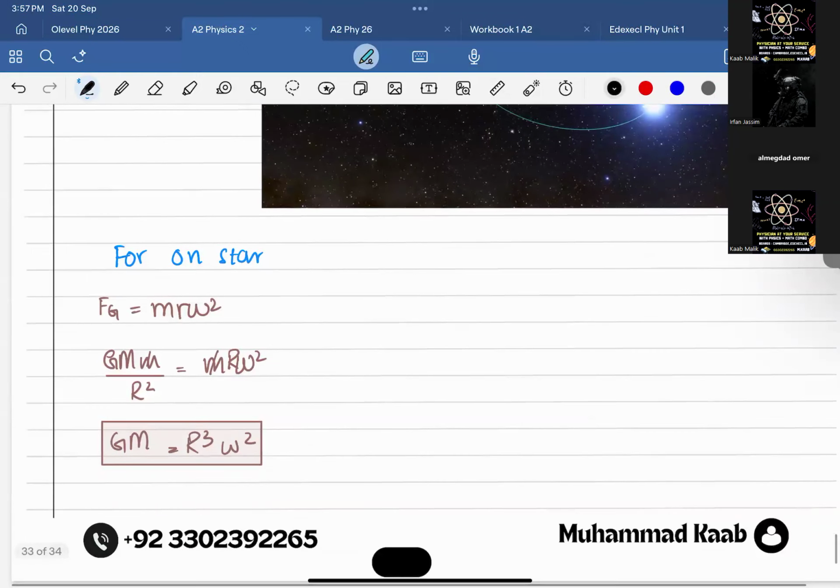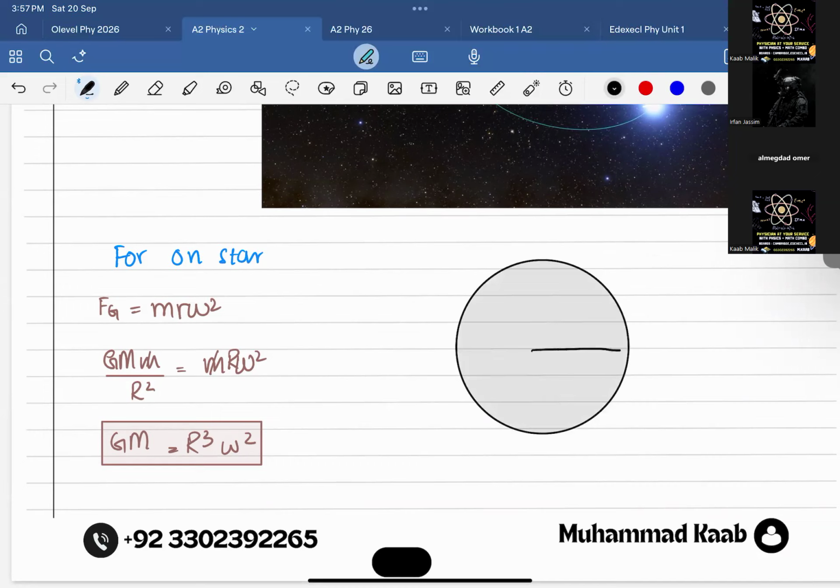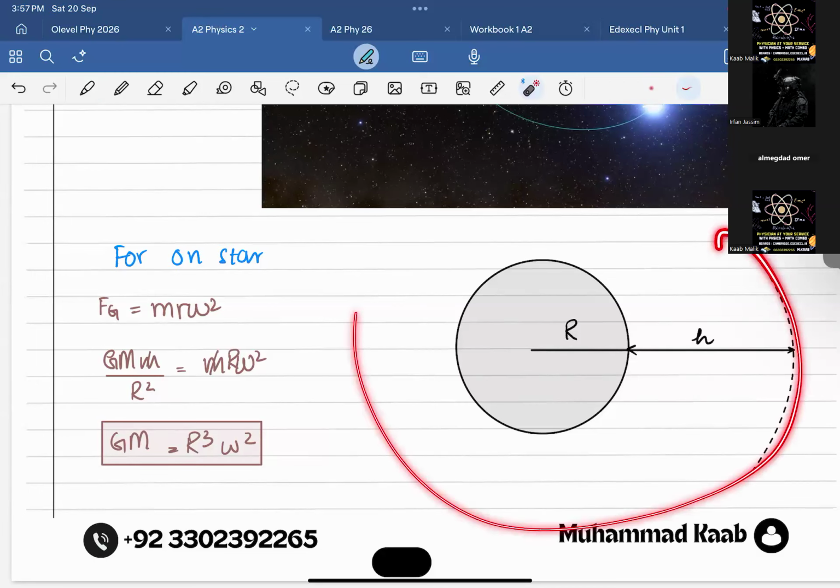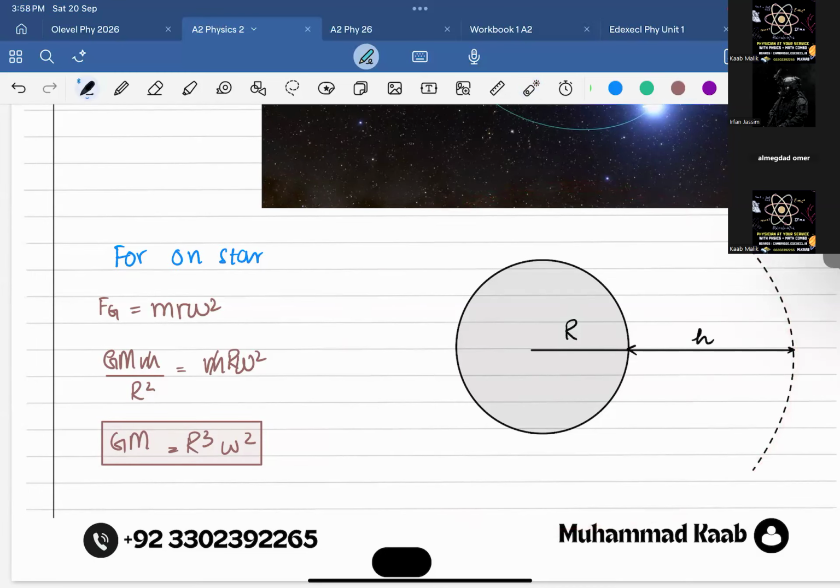The orbital radius is a simple concept; they've just given it a name. If you have a planet with radius R, and something is moving at a point at a height h above the surface, then the orbital radius r is R plus h.